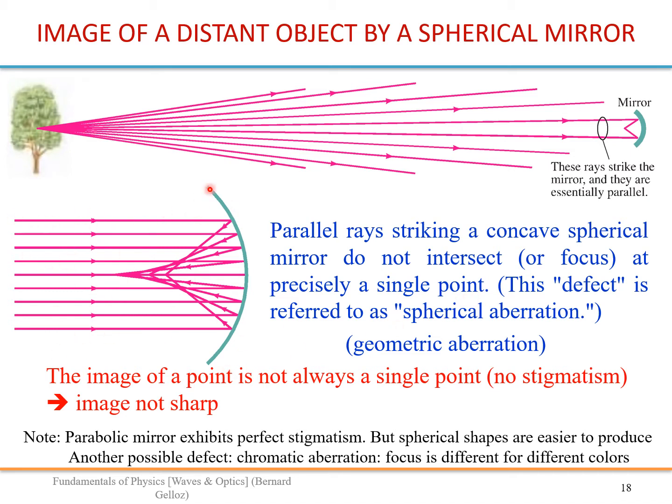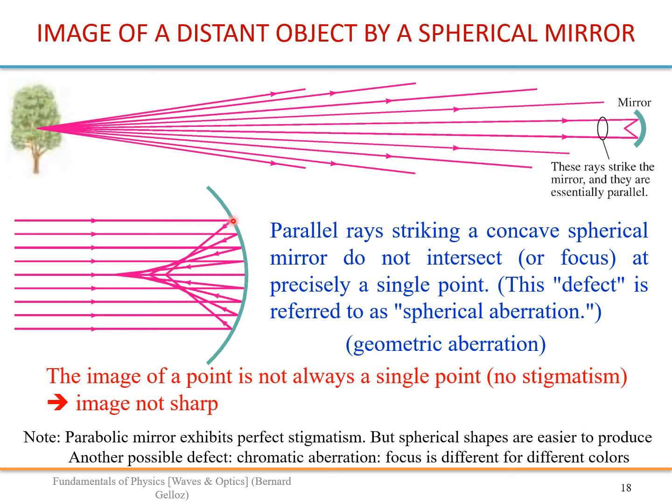Now we use Snell's law for reflection, and we find out, to our surprise maybe, that they do not intersect at the same point. This is called the optical axis, the symmetric line.